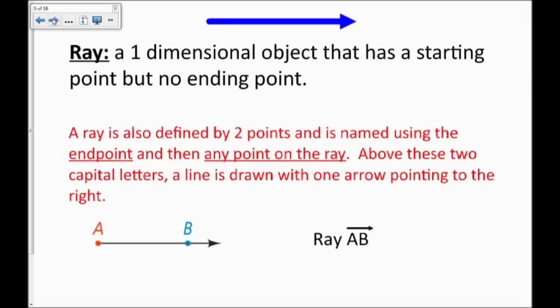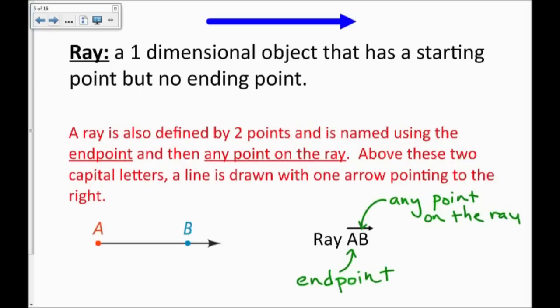So as you name a ray, this very first letter, this left letter, has to be the endpoint. And then the second letter is any point on the ray. And above those 2 letters, you have, again, a line that is always pointing to the right.